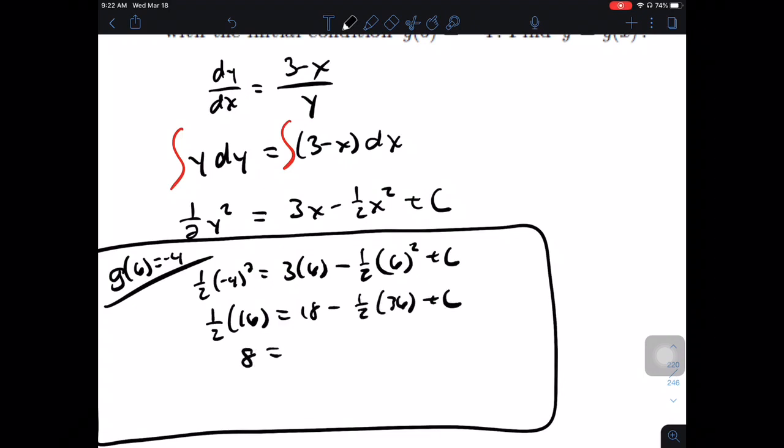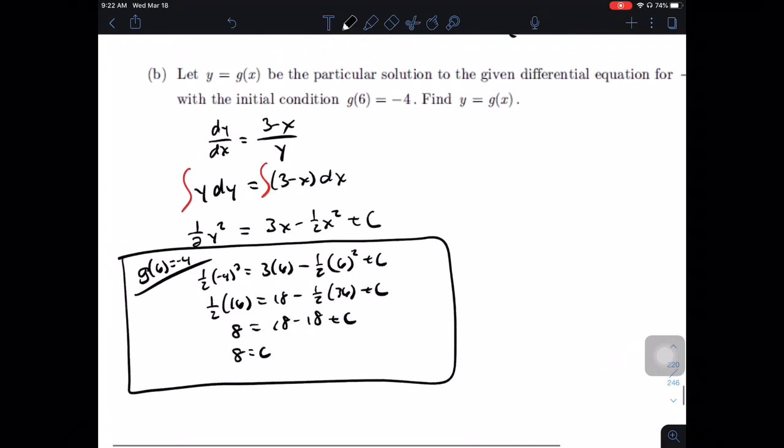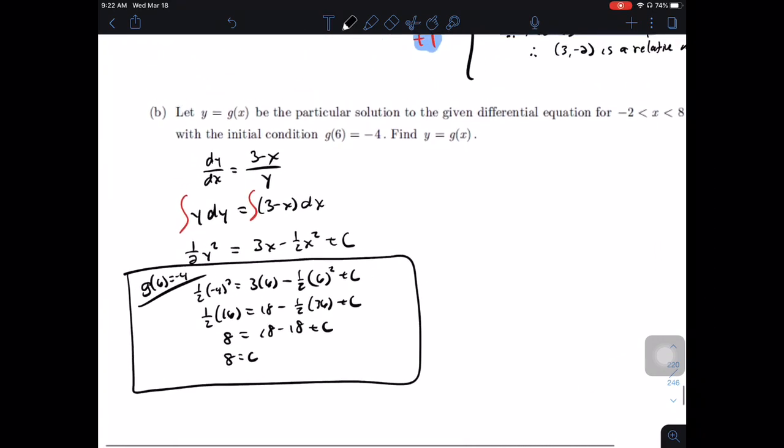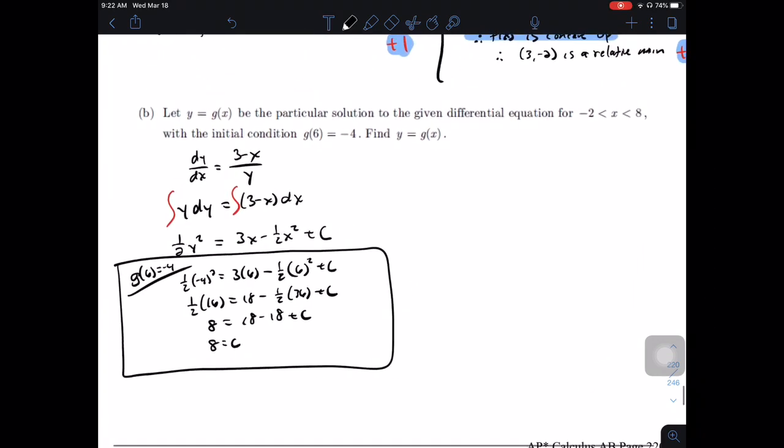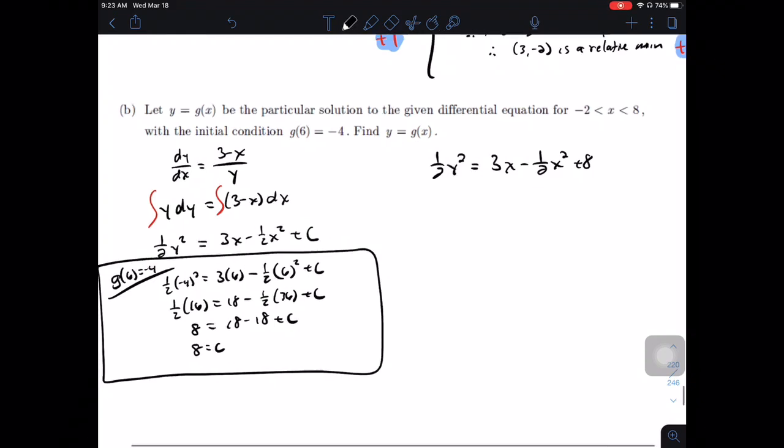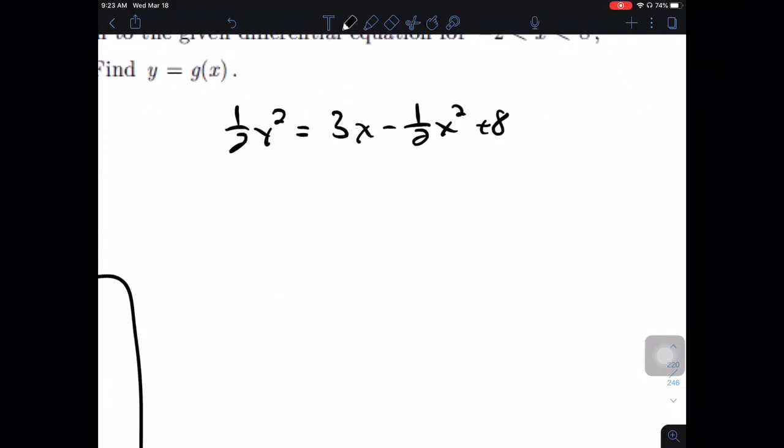It's going to give me 8 is 18 minus 18. So therefore, c is 8. So then if I replace the c in this general solution with 8, I want to get y by itself to figure out what the particular solution is. So we're going to multiply every term by 2.